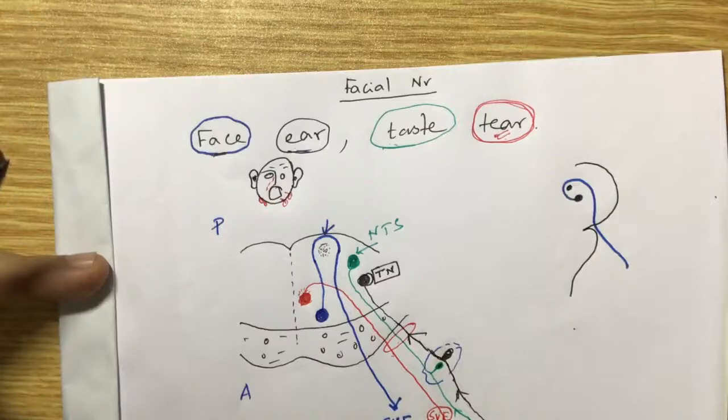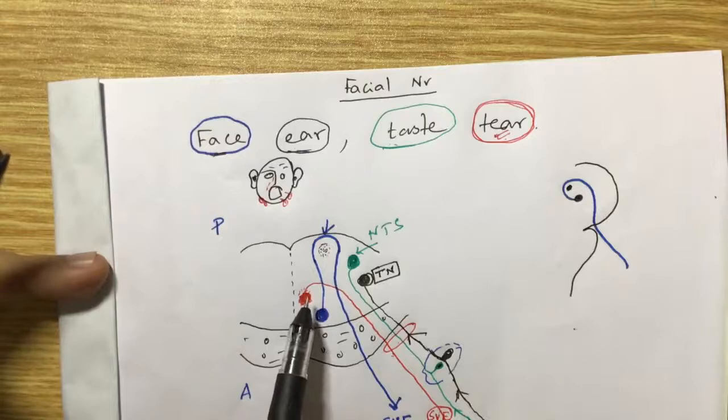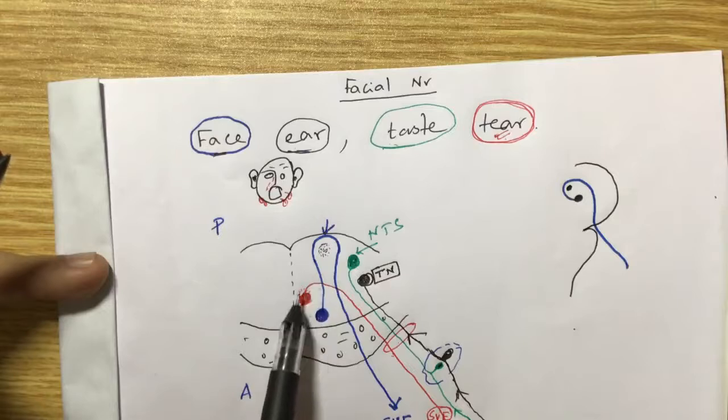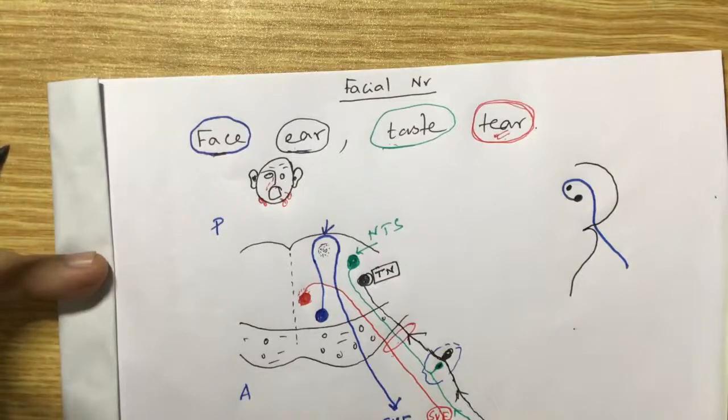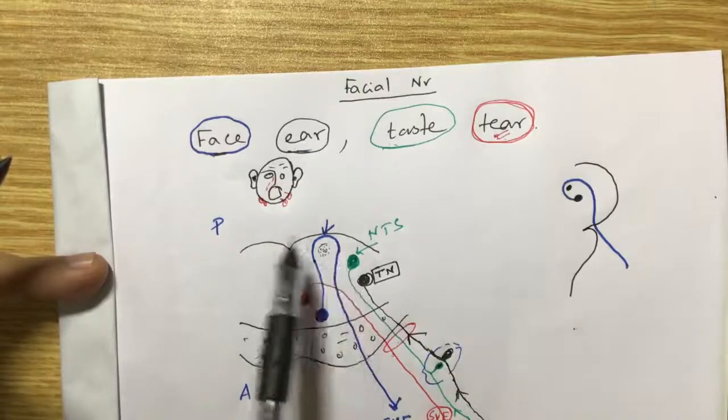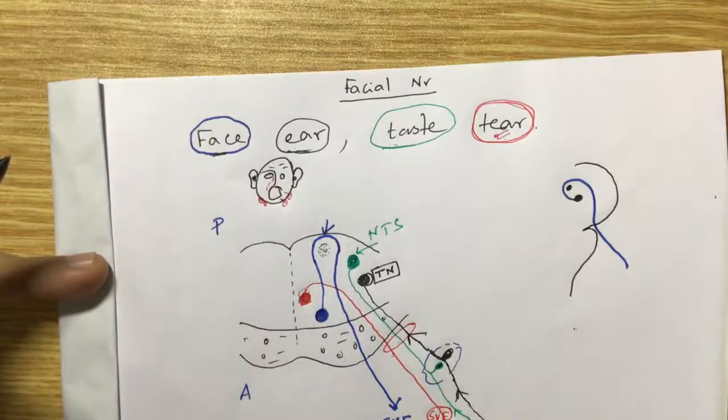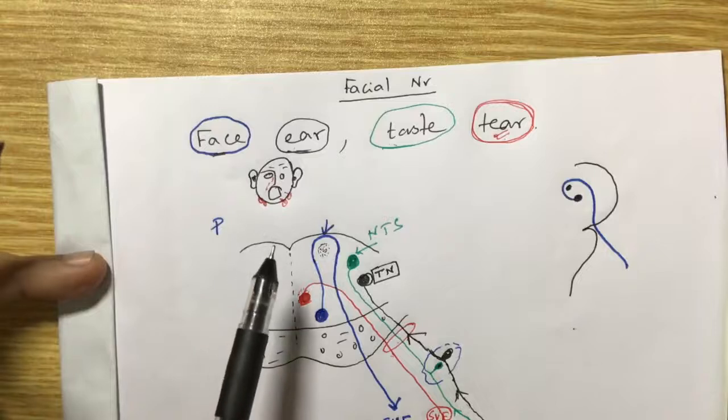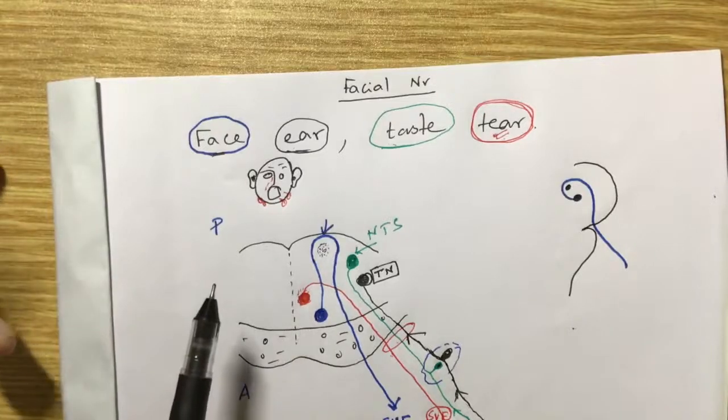And tear, secretomotor fiber from the superior salivary nucleus, and you can also mention the lacrimatory nucleus. So from this nucleus the fibers are going to supply the secretory glands: the lacrimal gland, submandibular and sublingual salivary glands, and glands of the nasal cavity and soft palate.